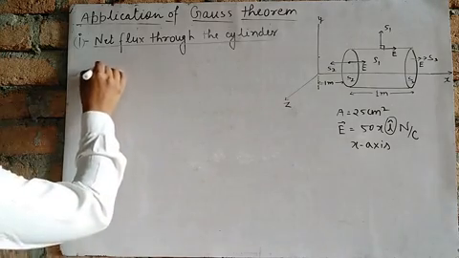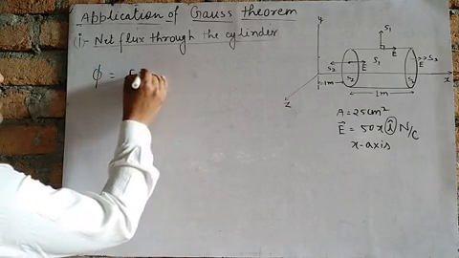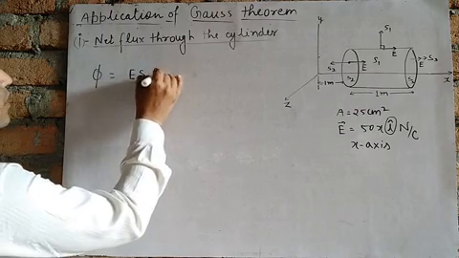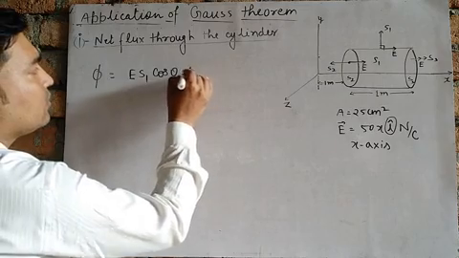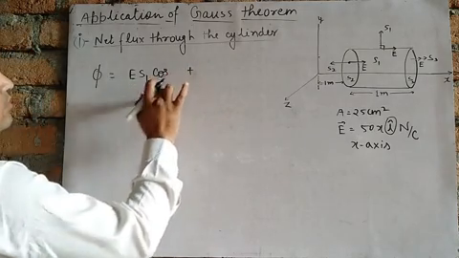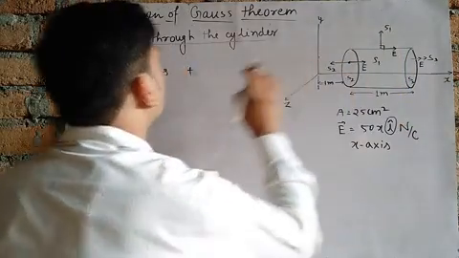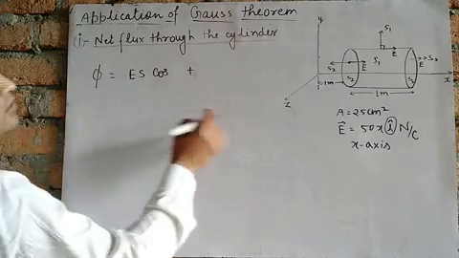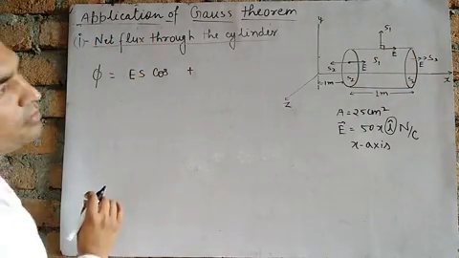The net flux phi equals E into S1 cos theta plus E into S1. The electric flux through this surface is 0, then we leave it.